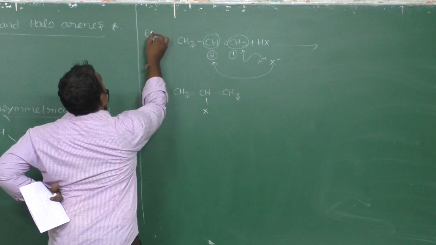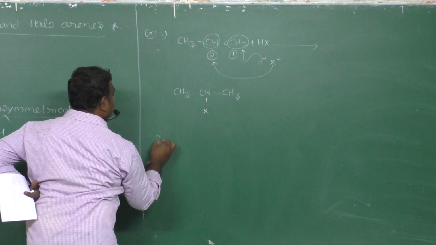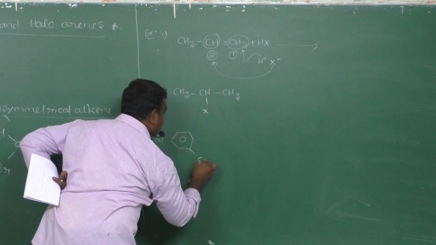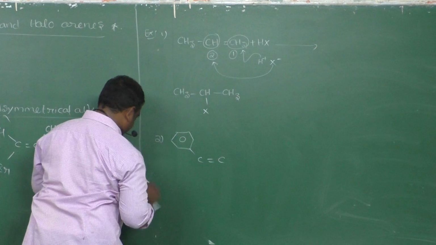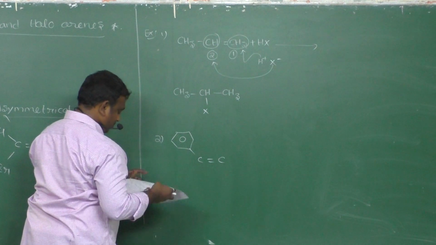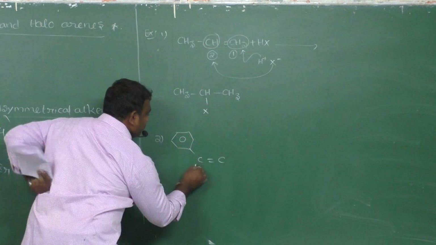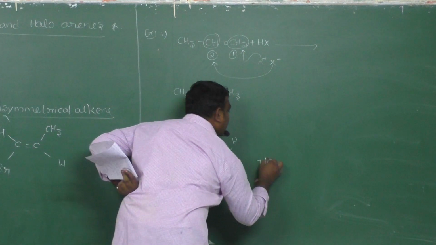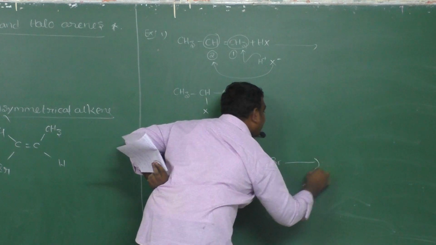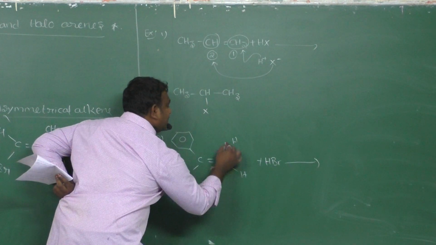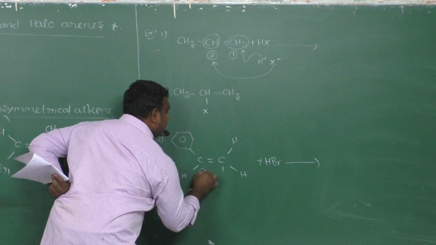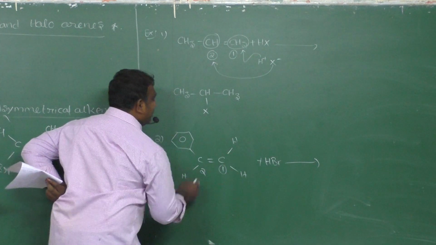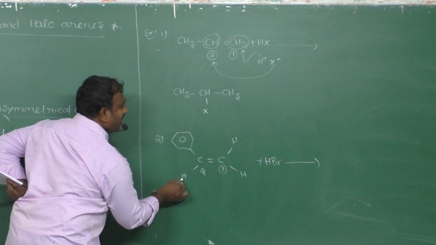And another example for this one is plus HBr. Here, number the carbon atoms of this double bond. The first carbon possesses 2 hydrogens, but the second carbon possesses 1 hydrogen.